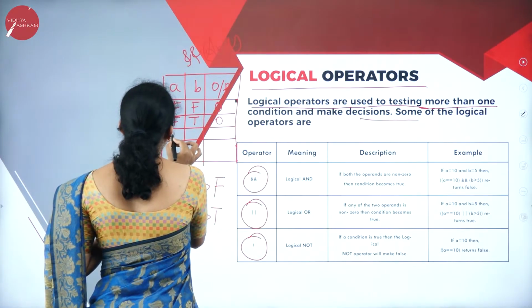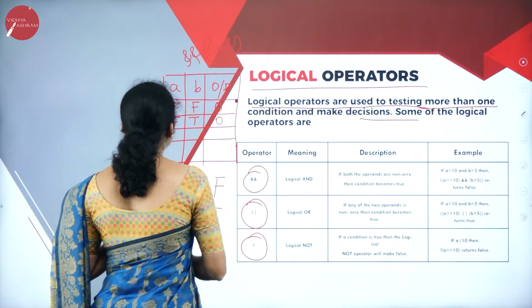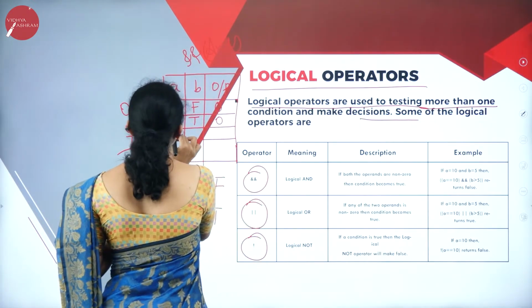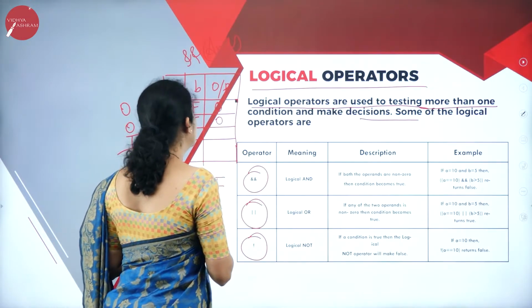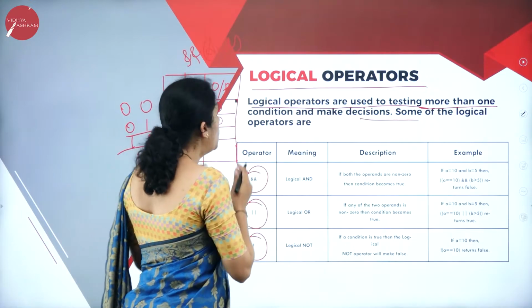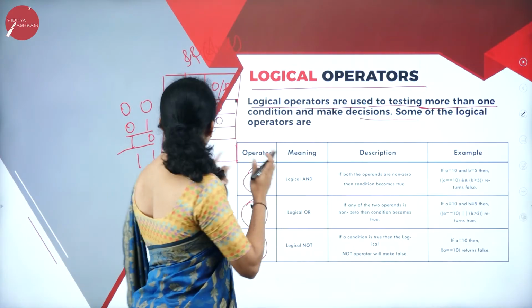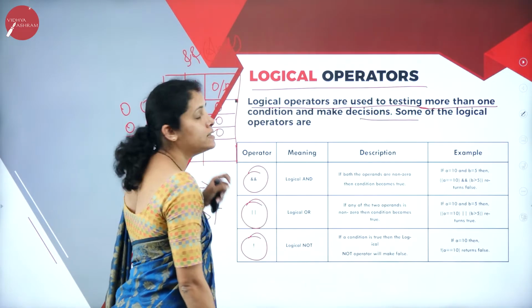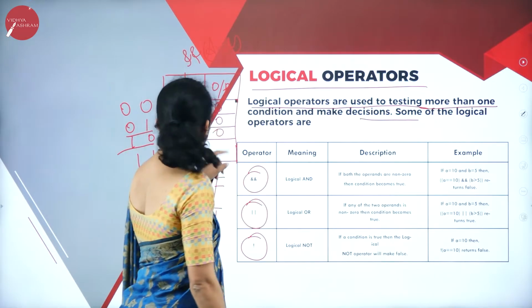Now I'm going to have another combination, 1 0. Here to represent 1, I'm going to use T, and to represent 0, I'm going to use F. 1 into 0, that is true into false, I'm going to get the value 0, that is false.